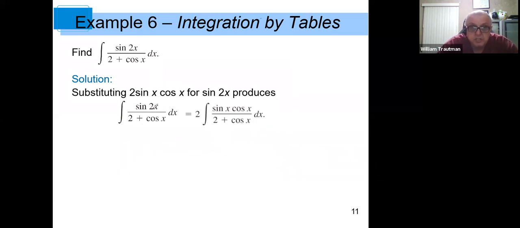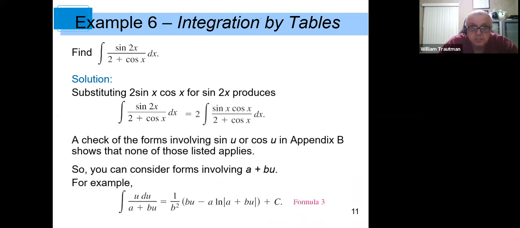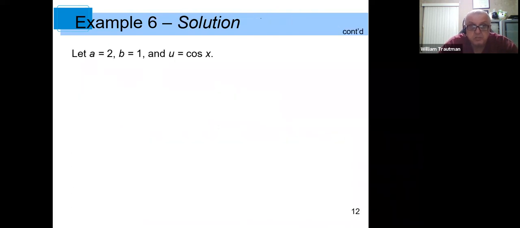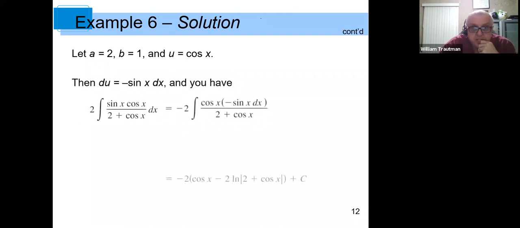I think they do this. Let's see. Okay, there's a formula, formula 3. A is 2, B is 1. And then they just plug it all in.